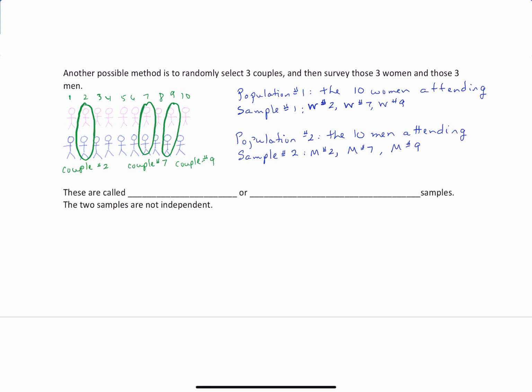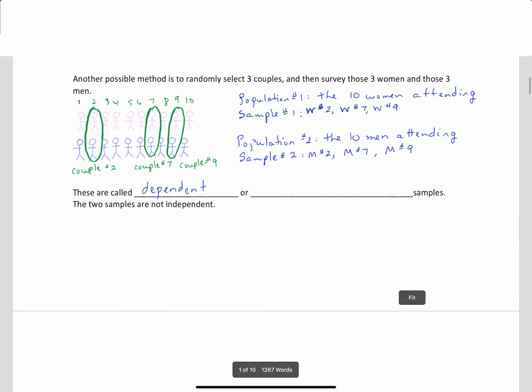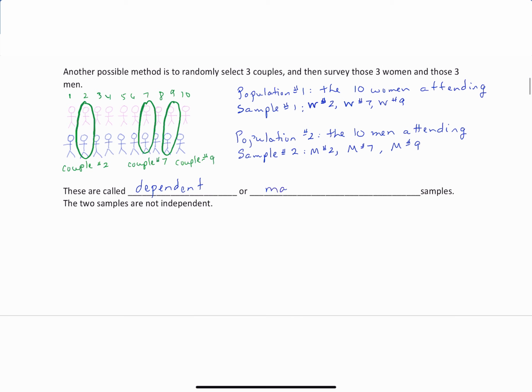It's just that in our sampling method this time, we basically acknowledge the fact that those 2 populations are paired up. These are called dependent or matched pair samples.